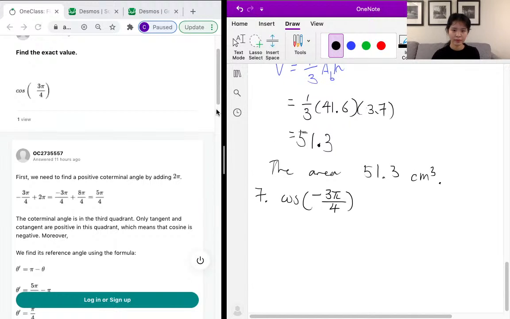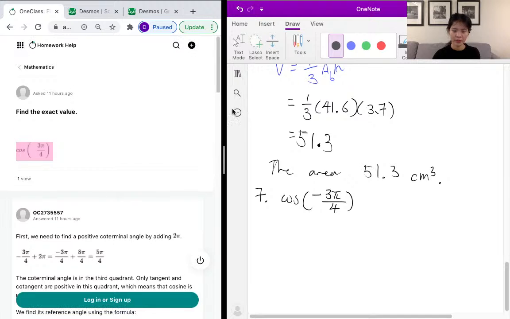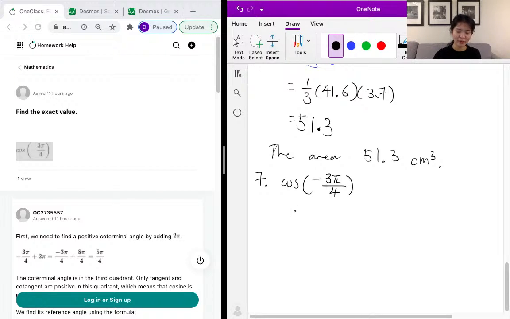Cool. So first of all, we need to find our reference angle, which in this case, we first need to find the positive coterminal angle. If you can't directly see the reference angle, but if you're more experienced, you can just see the reference angle is pi over 4.